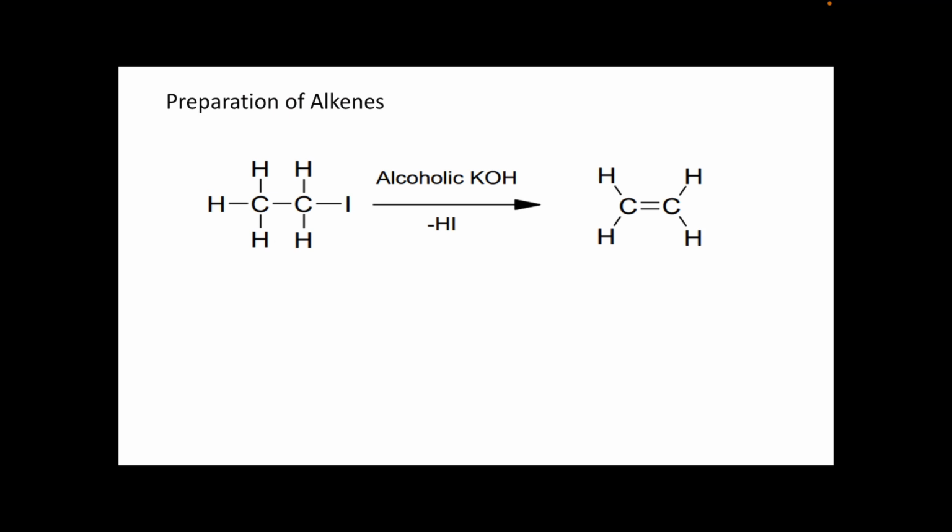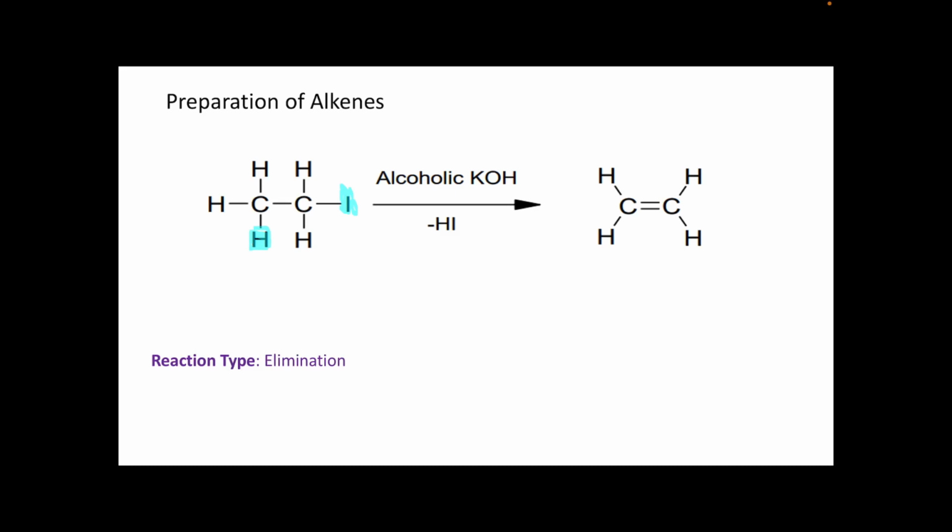The iodine atom is removed from one of the carbons, and a hydrogen atom is removed from the carbon next door, and you make the corresponding alkene. So this type of reaction is a new type, and it's known as elimination.